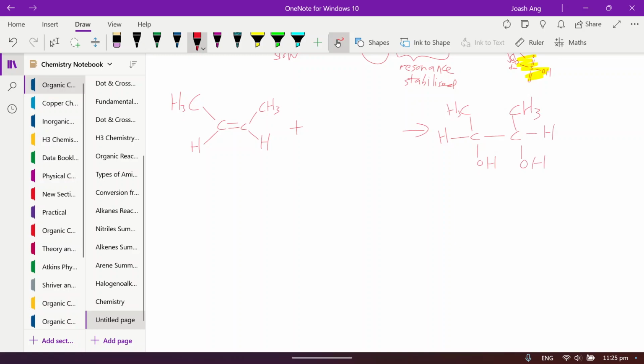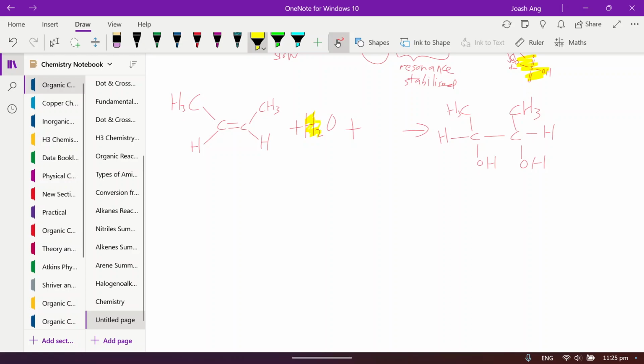So you see that there's 2 oxygen, and 2 more hydrogen being added. So since there's 2 hydrogen being added, I will want to add a water molecule on the left hand side. So you have 2 hydrogen here.